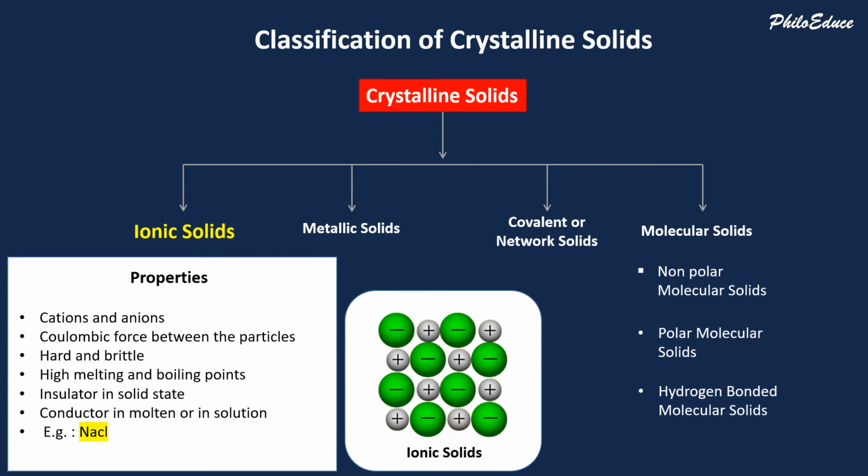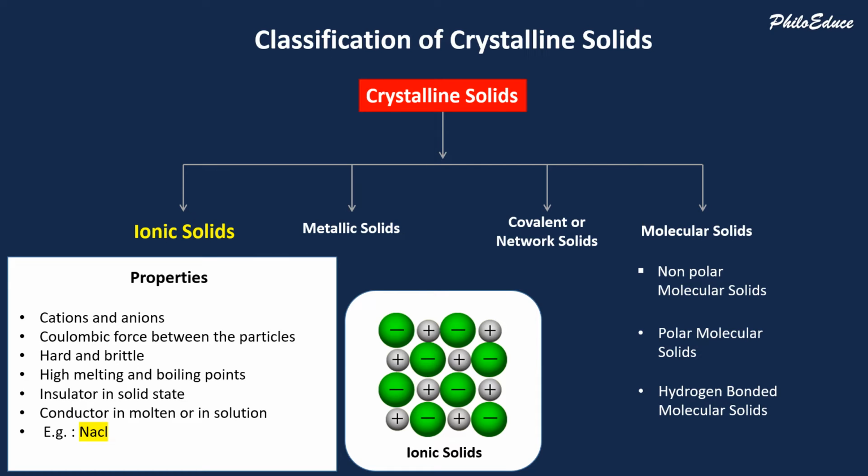First one is ionic solids. This is a pictorial representation of an ionic solid. From this picture itself, it is clear that they are made up of cations and anions, like our sodium chloride crystal. The force between these particles is Coulombic force of attraction or electrostatic force of attraction.